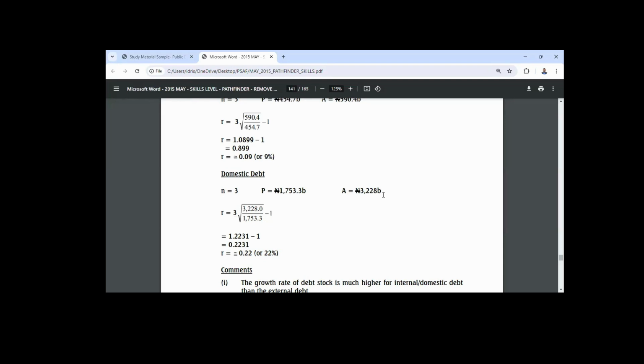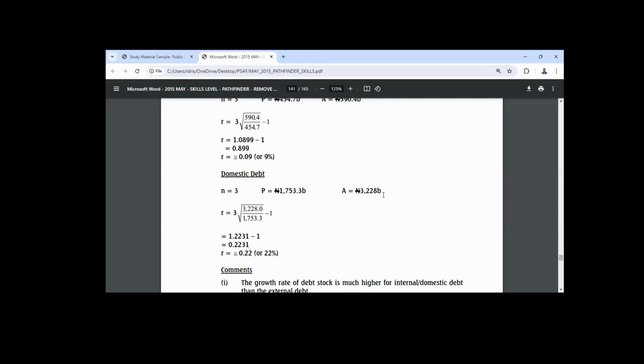You want to ask a question? Yes, sir. On that cube root, I punched my calculator, the 590.4 and 454.7. It was giving me different figures, something like 0.1603.